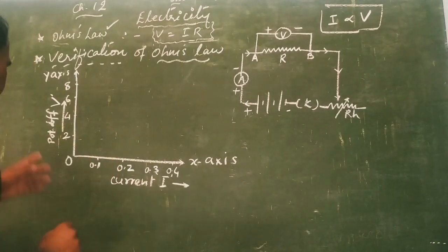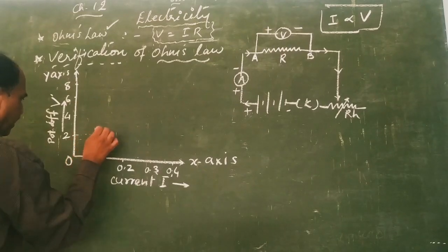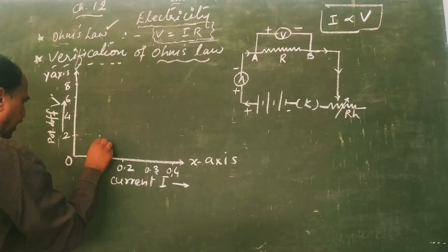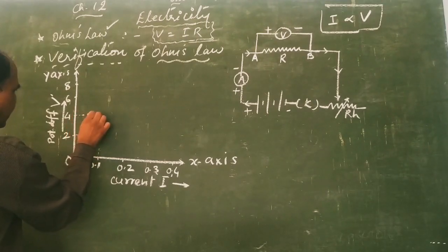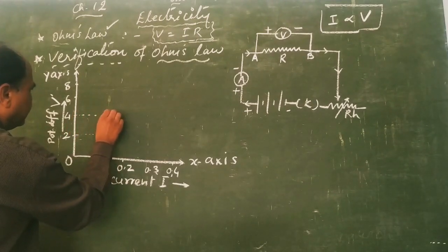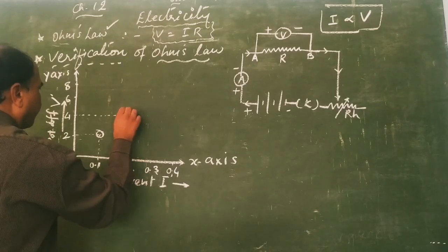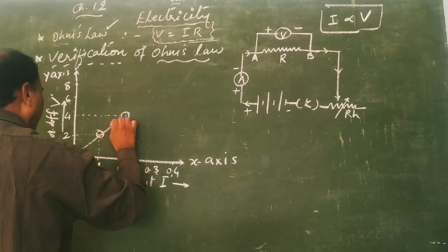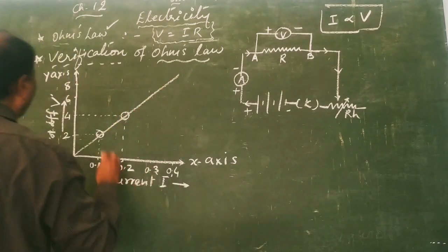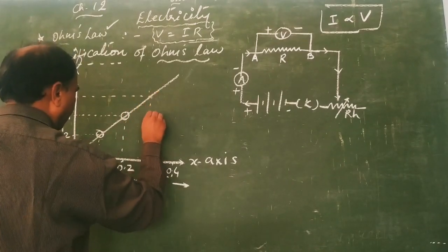Now, if we draw, since you know that these are the coordinates, first one is this, and certainly what happens, we obtain a straight line, a linear graph.